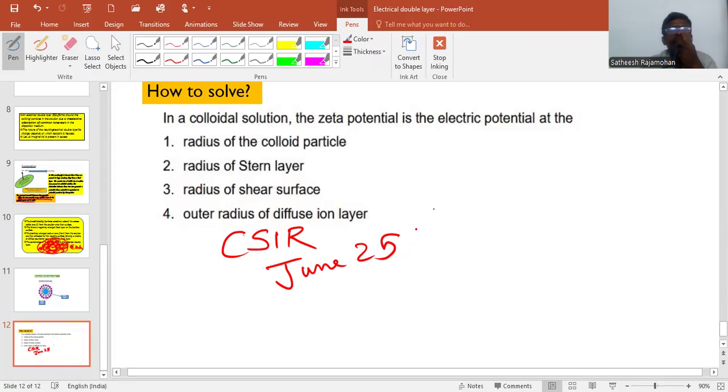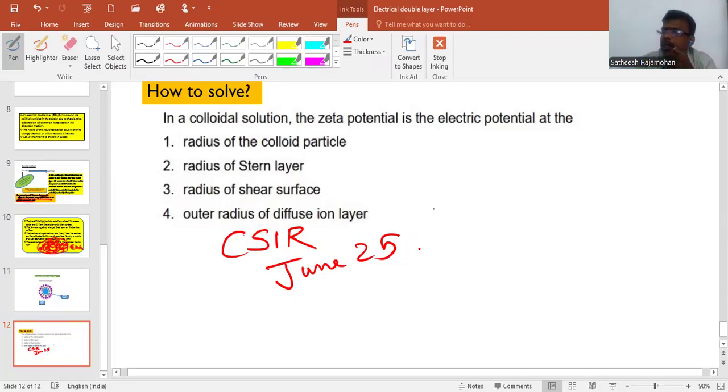So what is the question? In a colloidal solution, zeta potential is the electric potential at the dash. Options: the radius of the colloidal particle, the radius of the stern layer, the radius of the shear surface, or the outer radius of the diffuse layer.